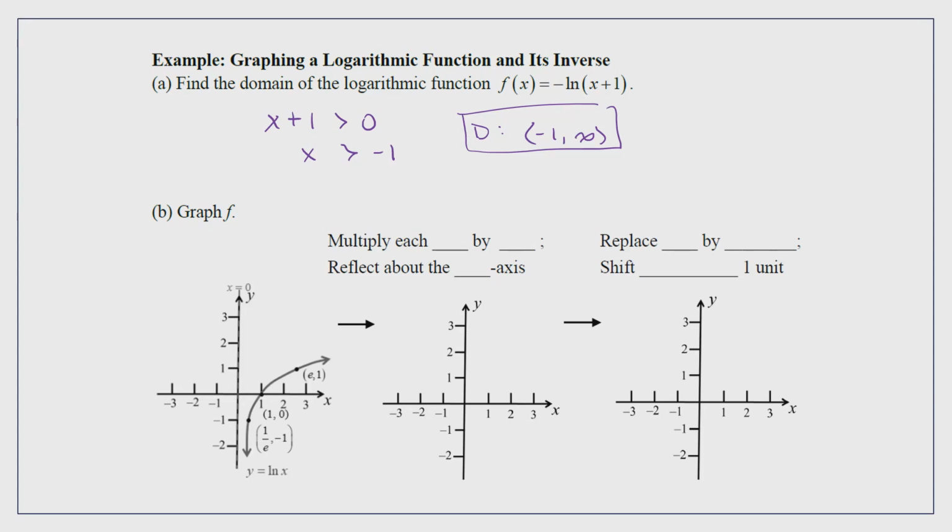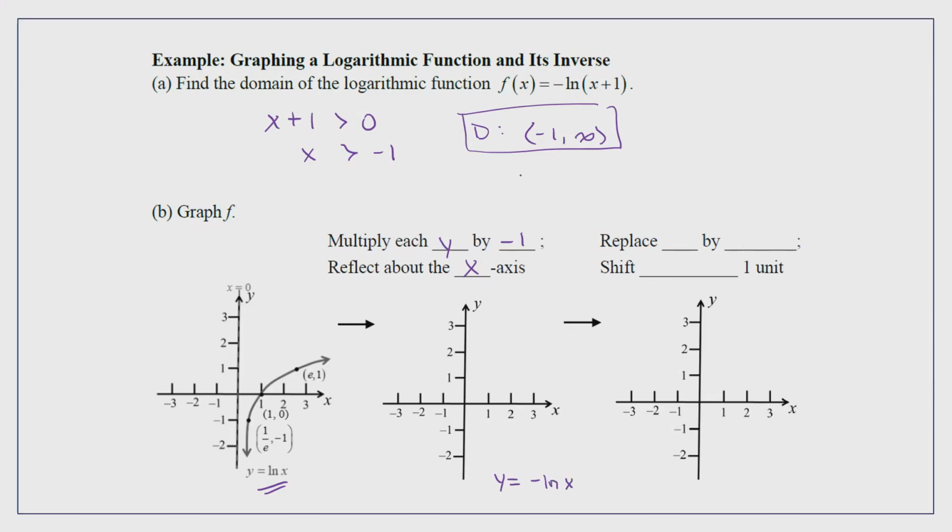So first, we start off with our function y equals the natural log of x. Our first transformation is we are going to multiply each y by negative 1, so we're going to reflect about the x-axis. This is going to give us y equals negative the natural log of x.